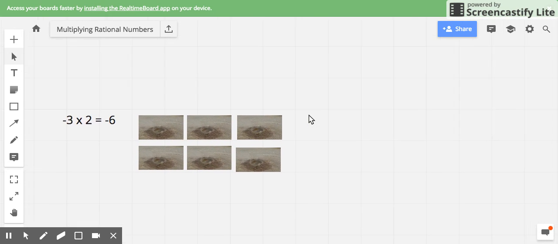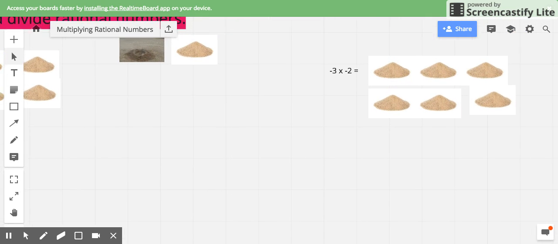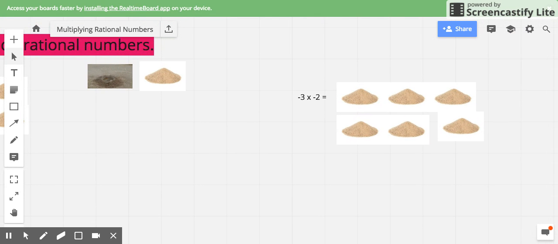Now let's take it 2 more steps. And here we have the opposite of 3, which would be holes, right? But we want to multiply that times the opposite of 2 groups of those. So we're saying the opposite of the opposite. The opposite of a group of holes is a group of piles.